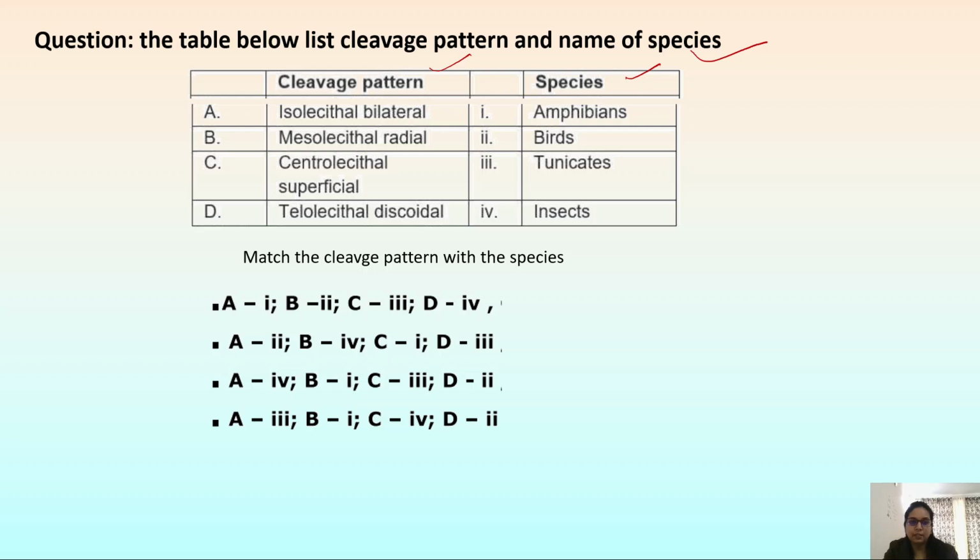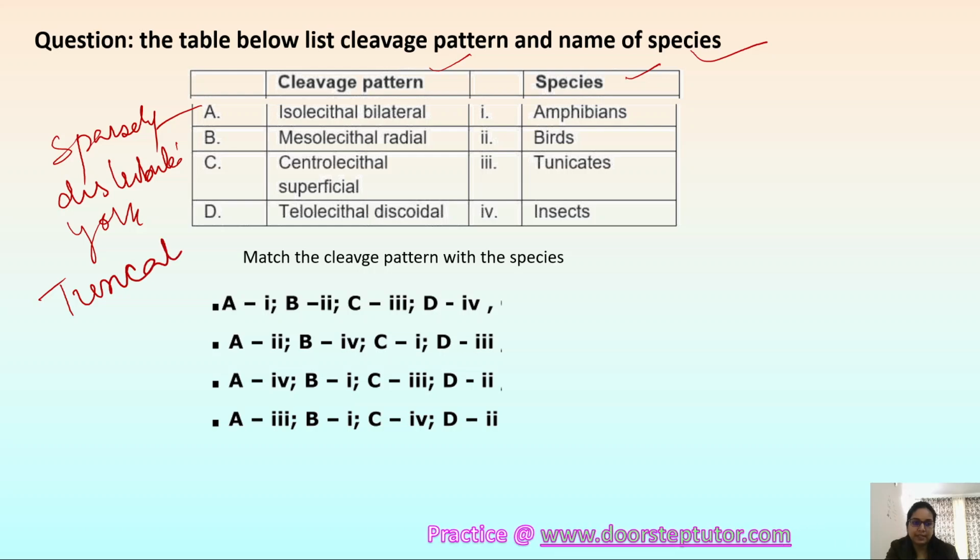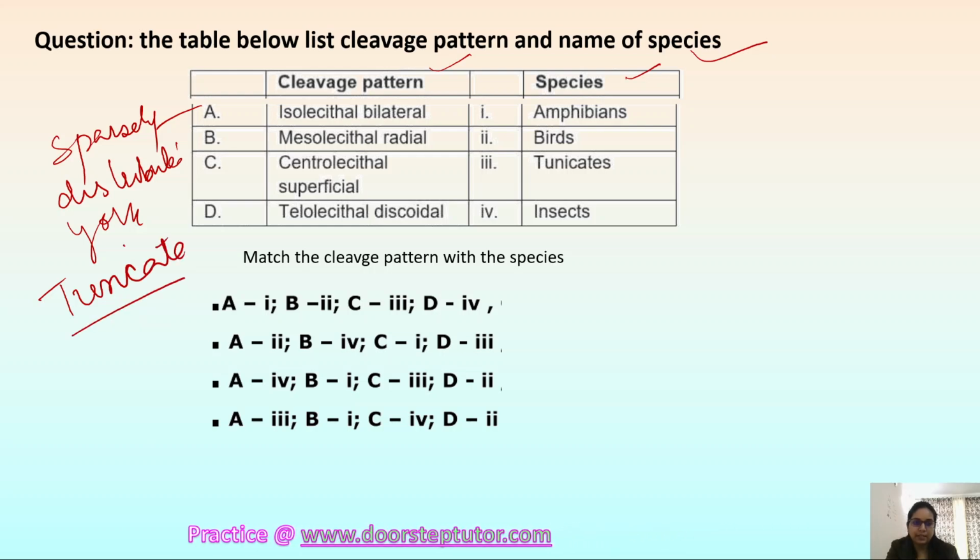Isolecithal bilateral cleavage pattern: in the isolecithal pattern, the yolk is sparsely distributed, and the bilateral type of isolecithal pattern is usually observed in the tunicate.